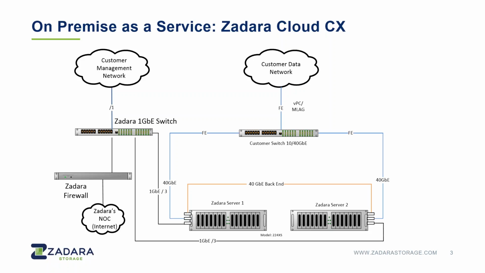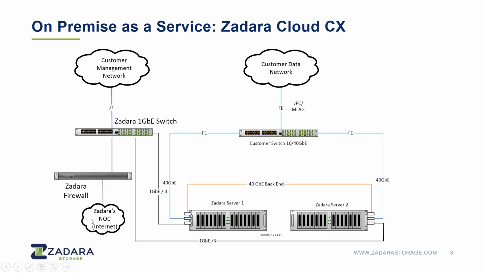Yeah, thank you, Christy. With the OPAS CX version, what we do is we integrate directly into your infrastructure. So you'll plug in the front end directly into our nodes. So you have an HA capability here through the front end. And the back end, instead of going through a switch, does a cross connect between the two.